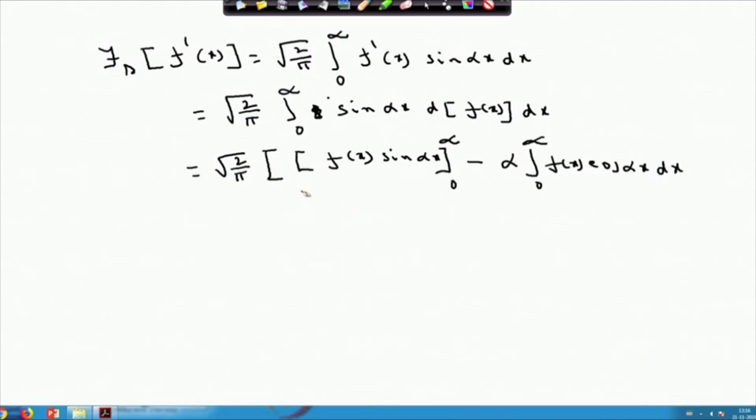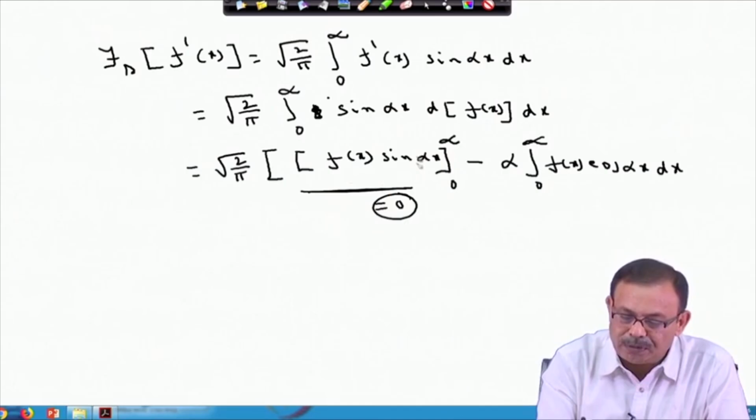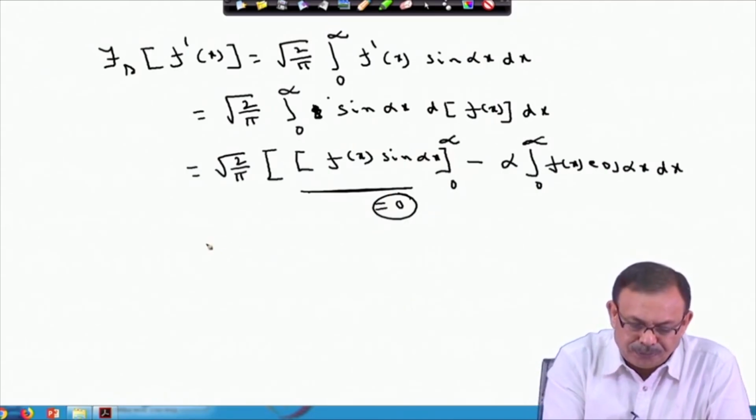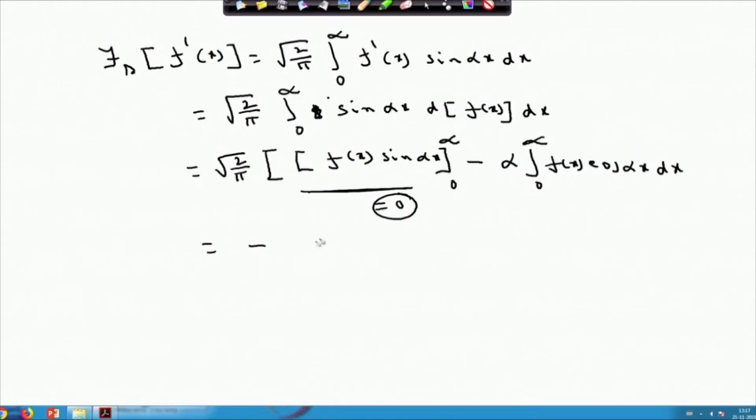So, the first part will vanish, this part will be equal to 0, because f x approaches 0 as x approaches infinity, and at 0 automatically it will be 0. So, this first value is 0, so I can write down minus alpha into root over 2 by pi integral 0 to infinity f x into cos of alpha x dx, and this integral is known to us.